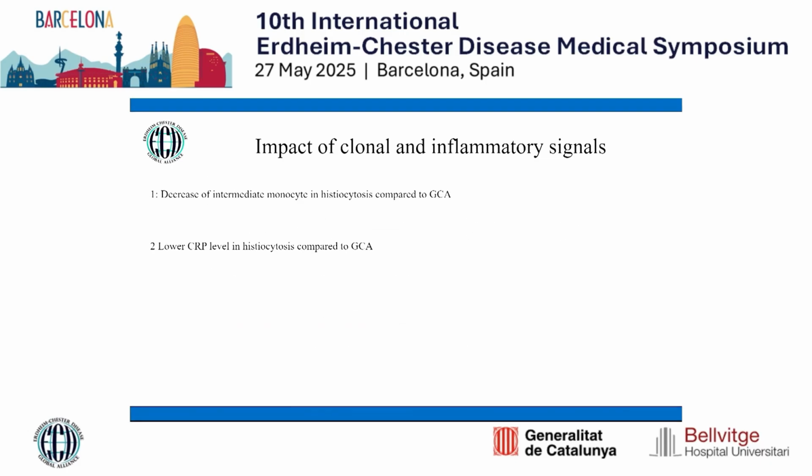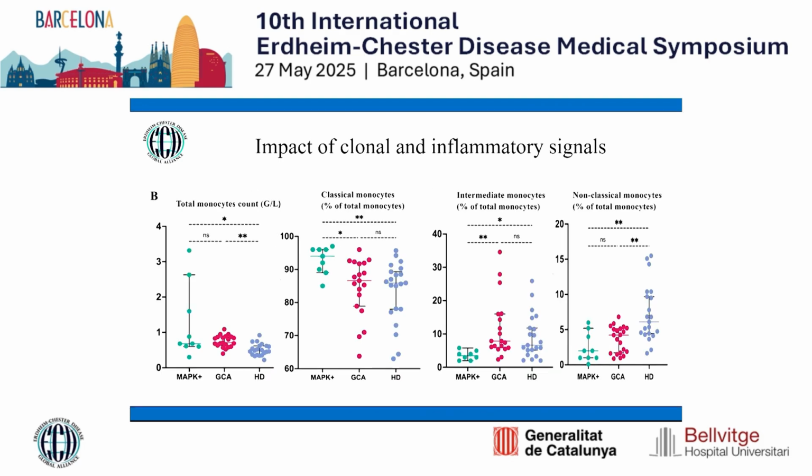Then we wanted to see if the difference was associated with BRAF mutation or MAPK-kinase pathway mutation. So when we do the comparison, the patients with the MAPK-kinase mutation have an increase in the classical monocyte. So it seems to be closer to what we see in CMML, and there is a difference compared to GCA patients.